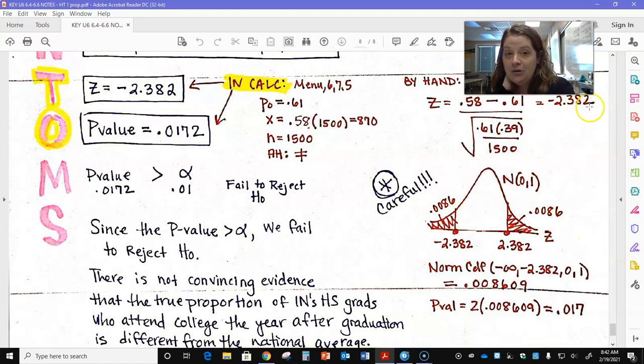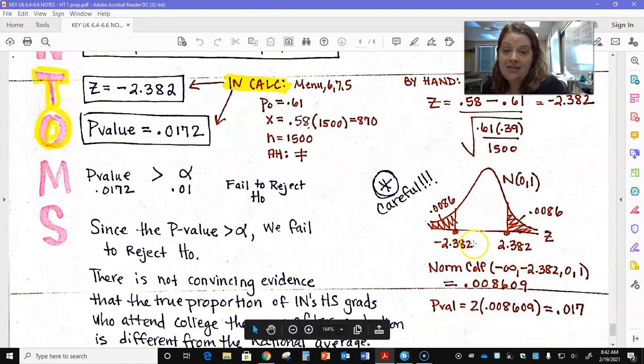This negative 2.382 is the left bound, but you also want to do the right side as well because different than implies less than or greater than. So I'm going to find the area to the left. I did a norm CDF from negative infinity up to negative 2.3-ish and got about 0.008. That's going to be the same on the other side, so I just doubled it. That's where that 0.017 is coming from that we got before.